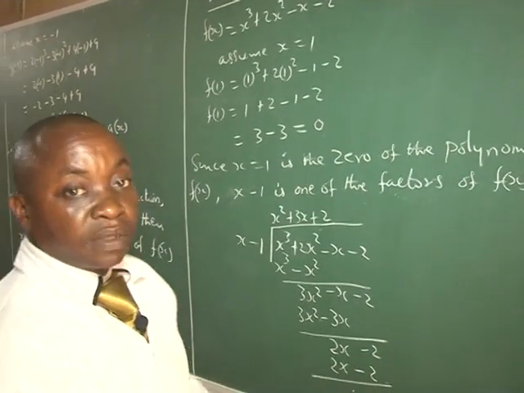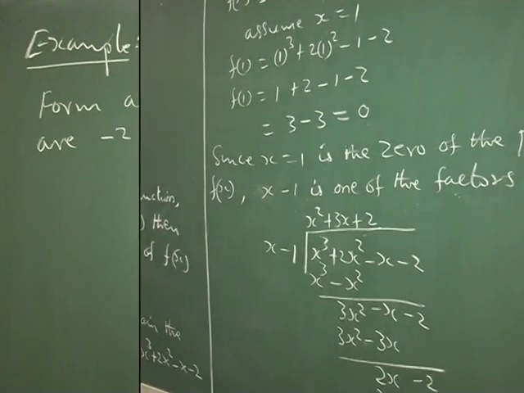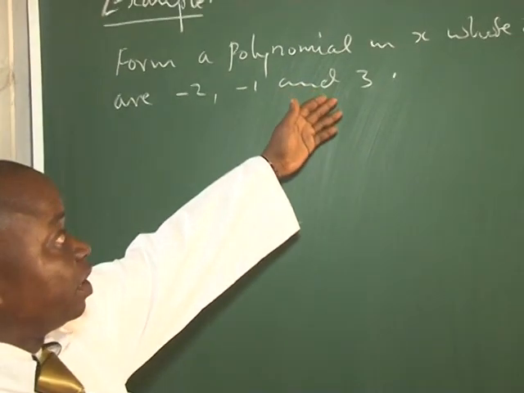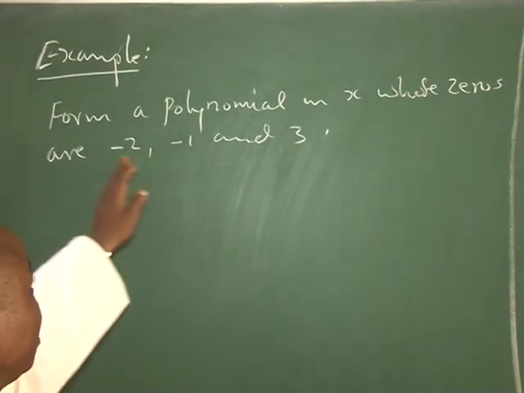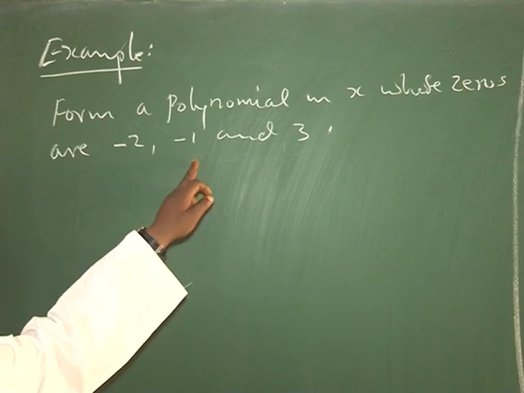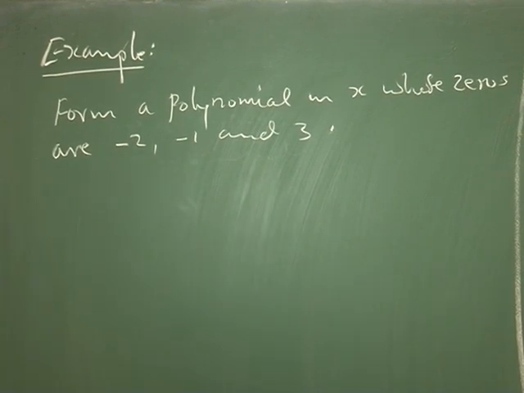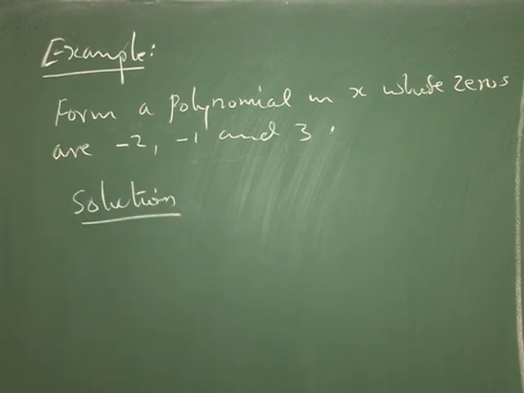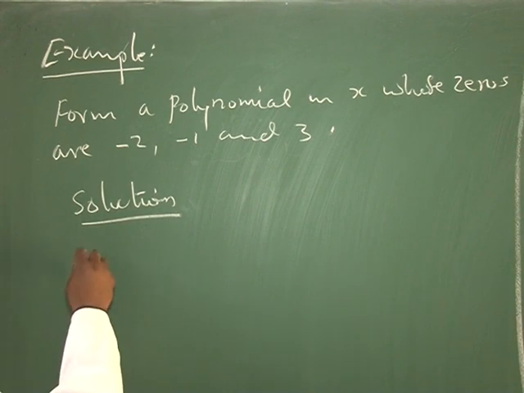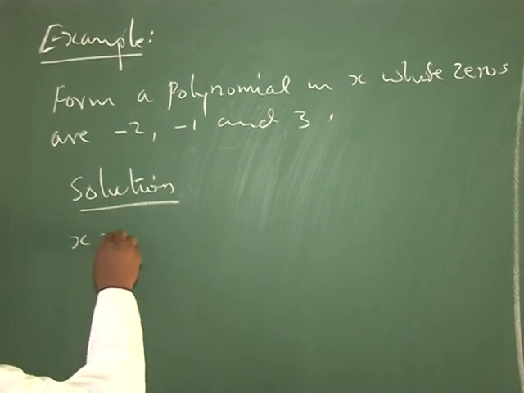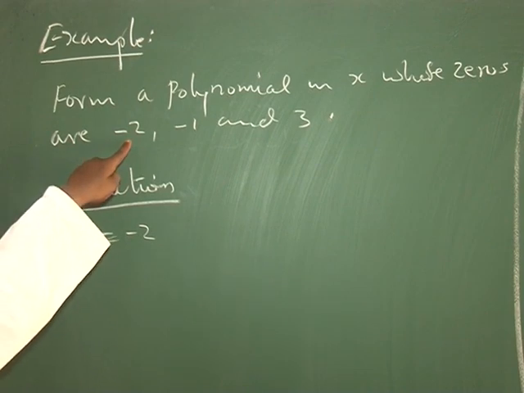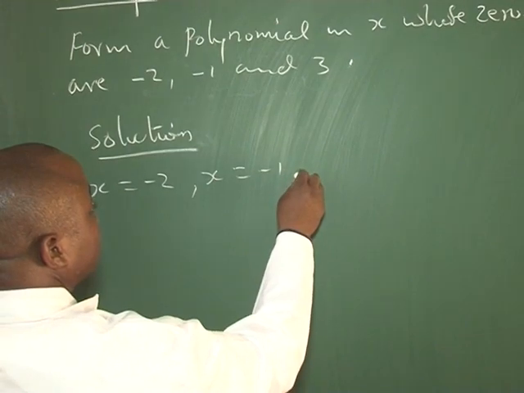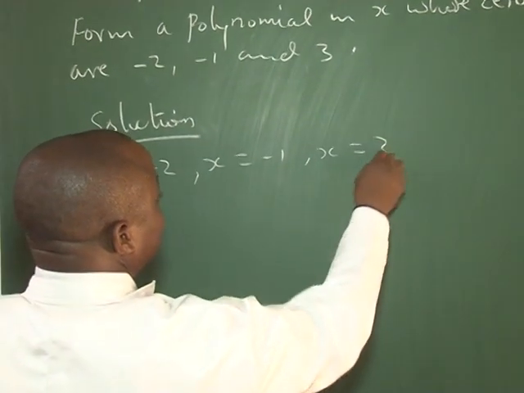So we also take another example. The next example we are looking at is: form a polynomial in x whose zeros are minus 2, minus 1, and 3. So we pick the solution. We know that x equals minus 2, as is given, is a zero. x equals minus 1, x equals 3.